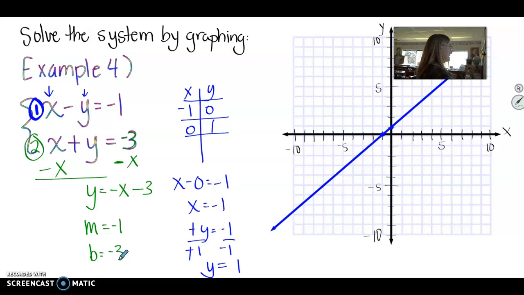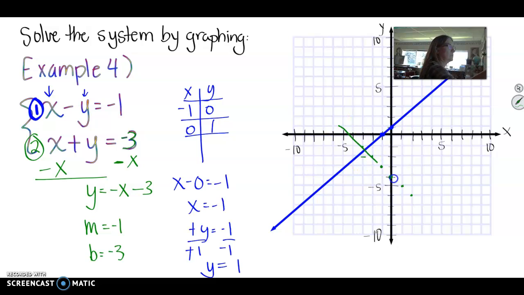So here we are at negative 3, and we have a slope of negative 1, down 1 over 1. And I can go up to the left, because going up is a positive, going left is a negative. Let's see here.